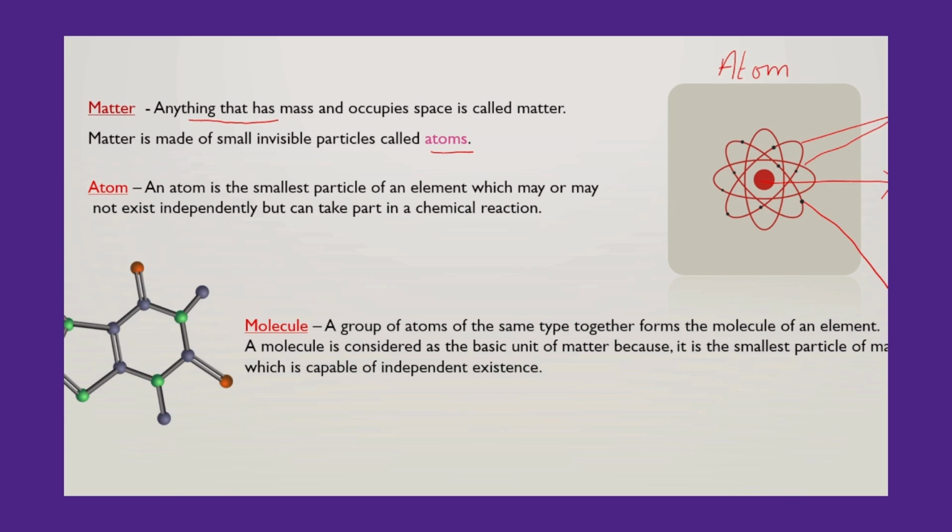Next, we know that a group of atoms join together to form what is known as a molecule. This is how a molecule looks like. Here you can see that a molecule is a group of atoms, and these colored small balls are the atoms, and these atoms are connected together by chemical bonds.